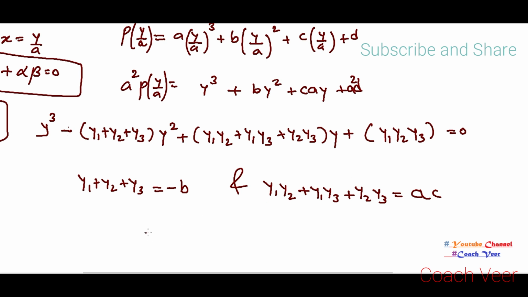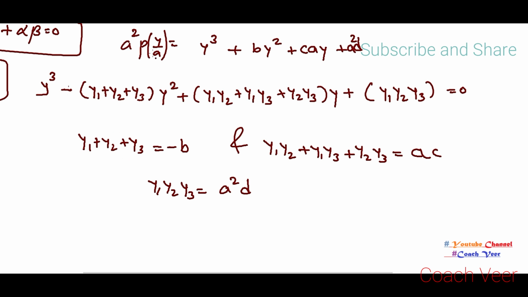Last one, y1 y2 y3 is equal to a square d. Don't worry about this a square, it does not make anything rational or irrational, because it is an integer. All a, b, c, d are integers. When this is divided by something it does not make any change, it is just a multiple. So we got this situation.